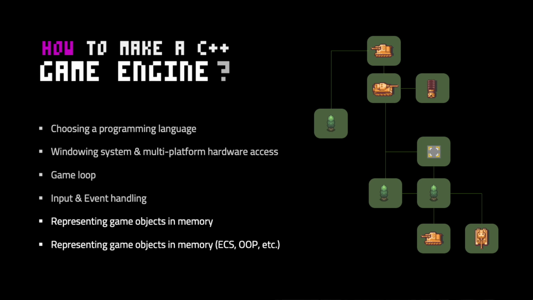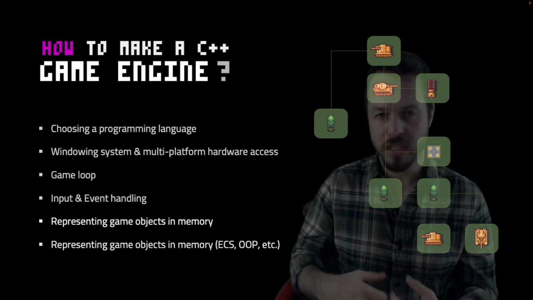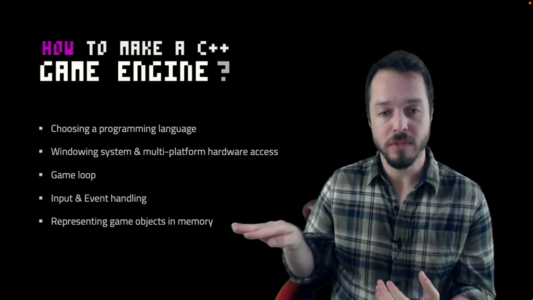How are they going to be allocated in memory? How are we going to represent these things? Are we going to use classes and objects? Are we going to use design patterns of having entities, components, systems? There are different design patterns that people use to represent their game objects in memory. This is a huge topic. This is something that in my courses, we explore, we implement from scratch.